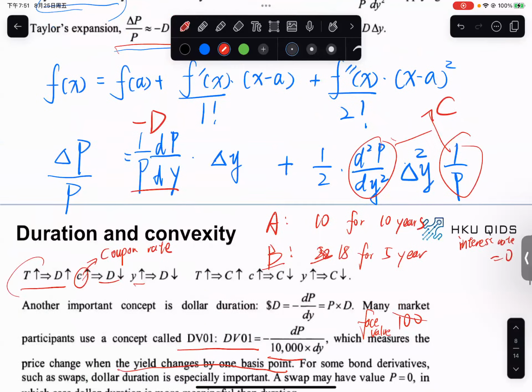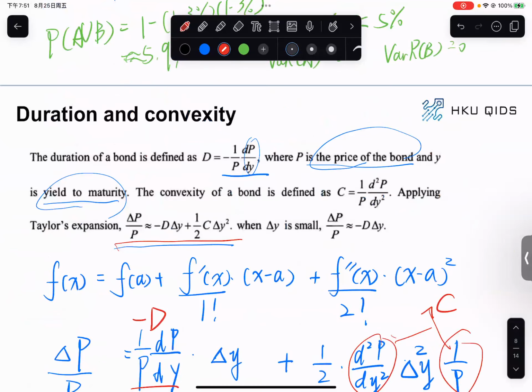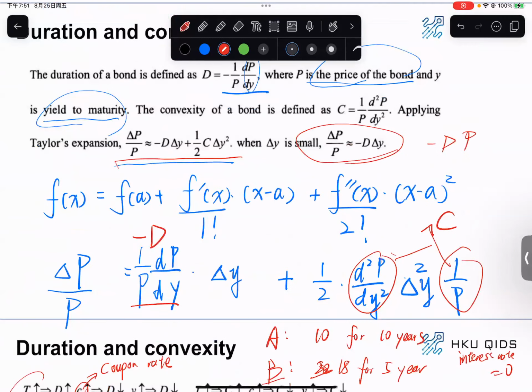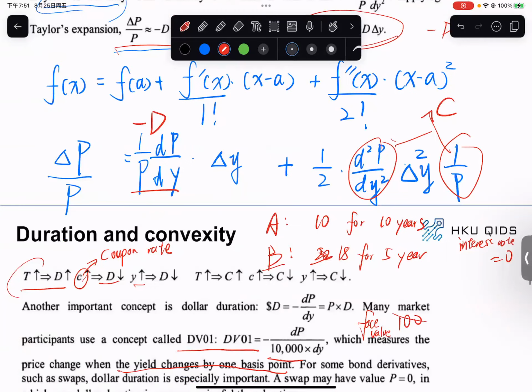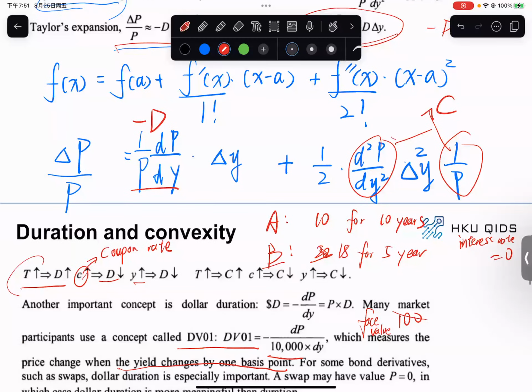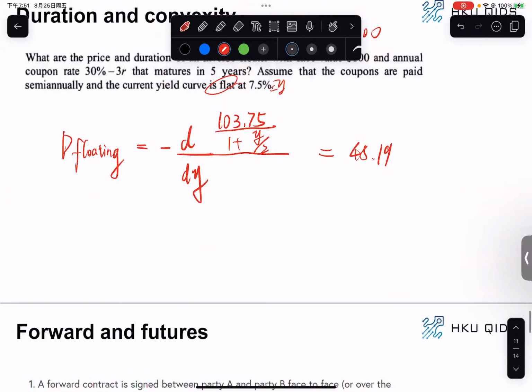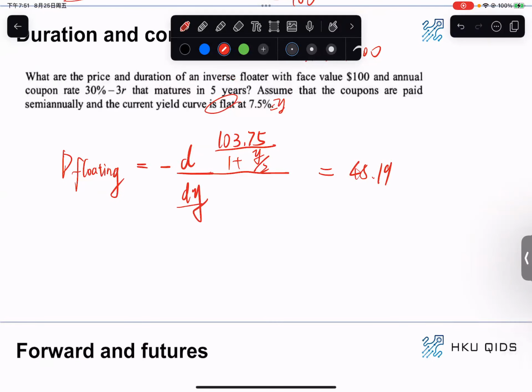Because we can use the formula here where we can convert this dP/dy into a negative D multiplied by P. So the dy, we can define it as 0.5 because it is a fixed term.